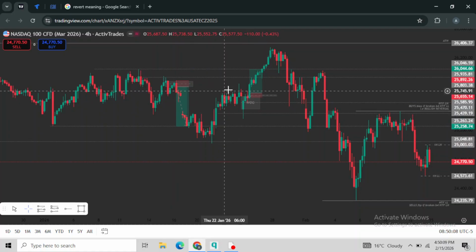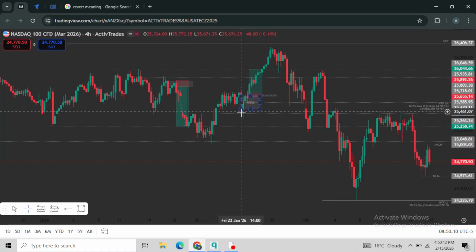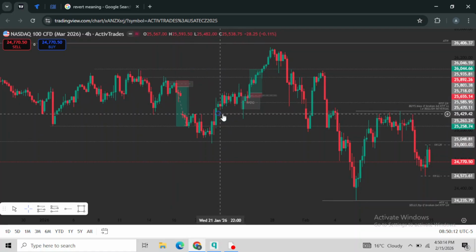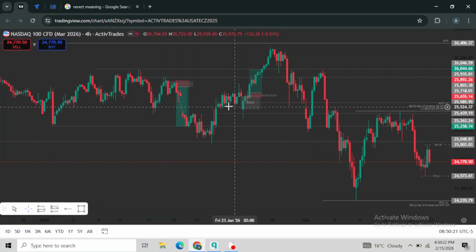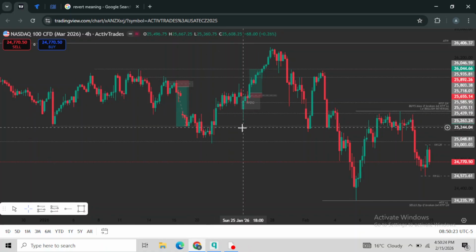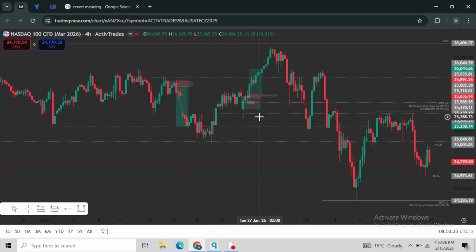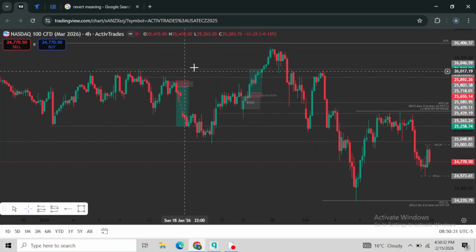Price needs to retrace to sweep the nearest sell side liquidity while retesting a major support zone. So this is a support zone here. Then break of structure to the buy side. Then take buys to buy side liquidity.